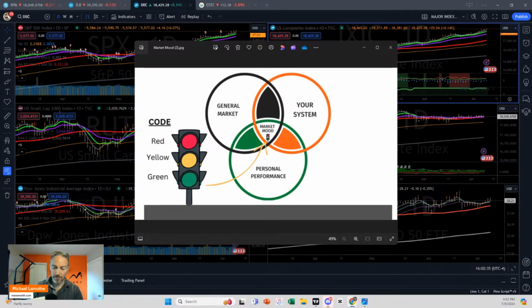Thus, the market's mood. And that's really one of the things that this helps with. One of the things that this helps me with is to know when to size up, when to size down, or when to have a standard size. So that's what we'll be talking about today. How to do this and how you can use it too.